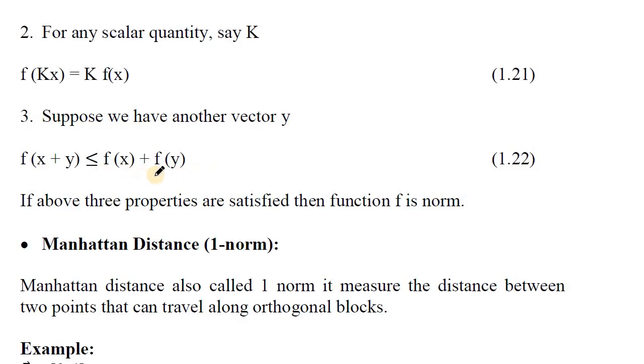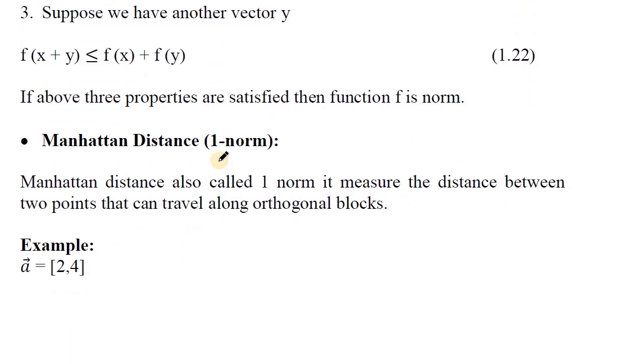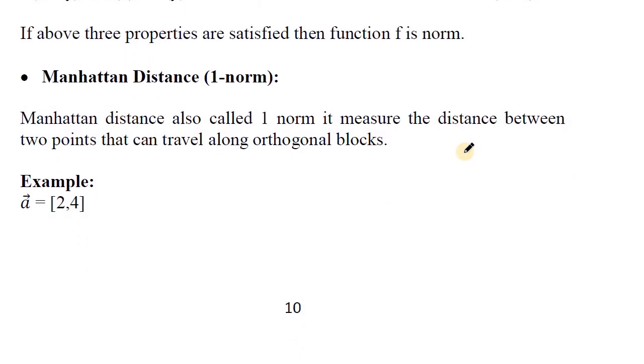Whatever this number is, this should be greater than or equal to f of x plus y. Okay, so if you talk reversely, it will mean the norm of x and y together has to be less than or equal to addition of these norms taken separately. So any function that satisfies the above three properties can be called a norm.